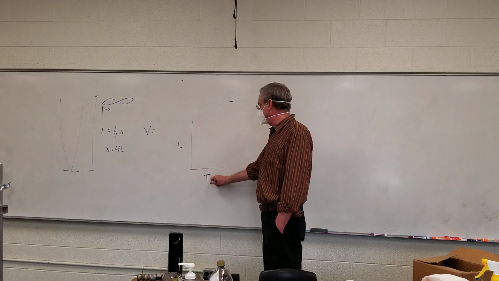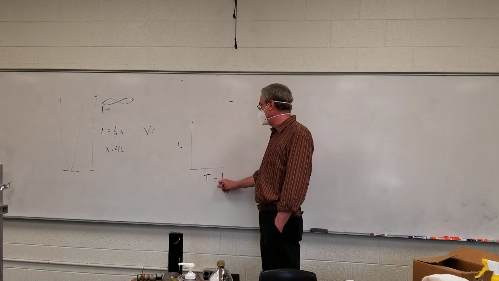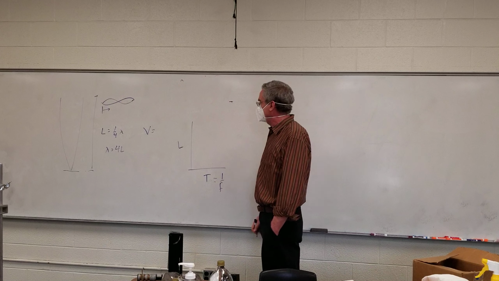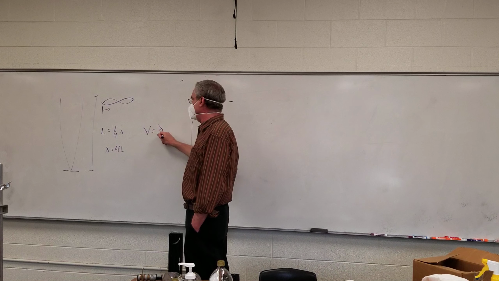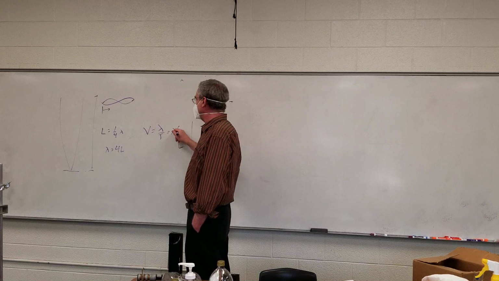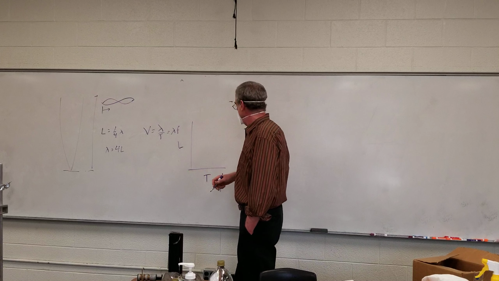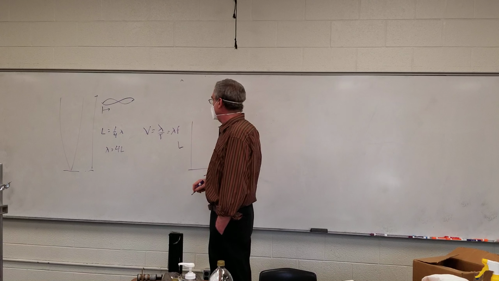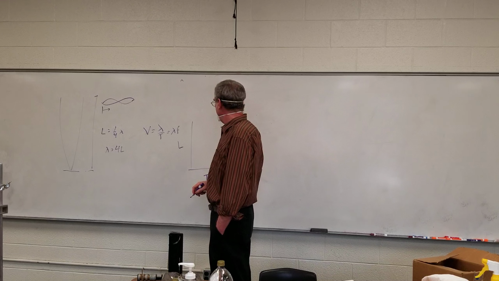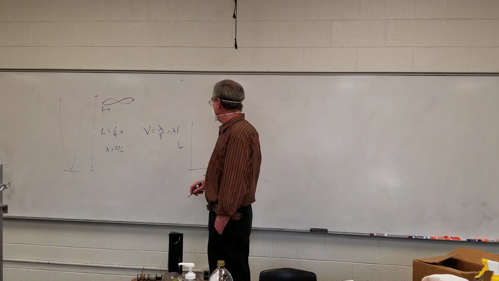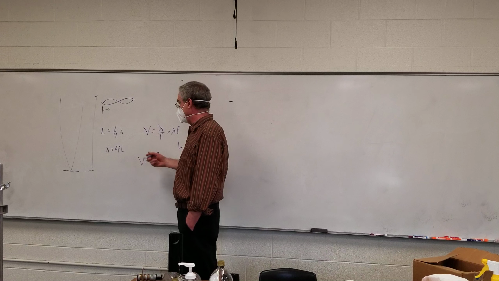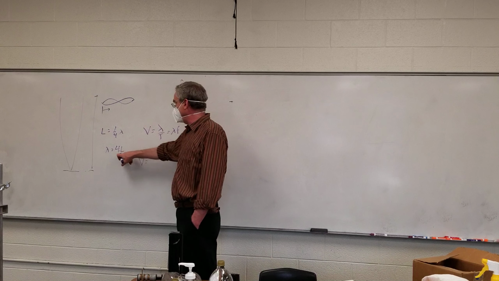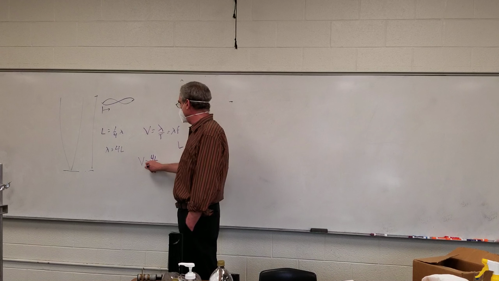I know that the period is 1 over the frequency. The speed is wavelength over period, or wavelength times frequency, whichever is more convenient. Probably this one. So the speed of sound is equal to the wavelength over the period, and I know the wavelength is 4L, so that's 4L over the period.